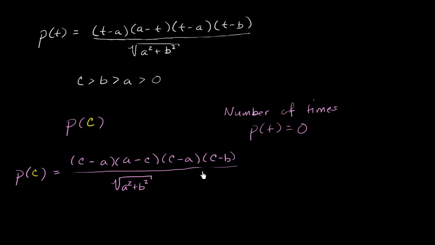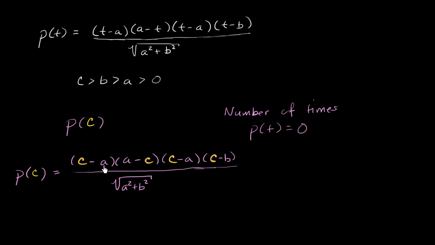So what do we know about this quantity right over here? Let me highlight all the c's here. So c minus a, a minus c, c minus a, c minus b. Well, they tell us that c is larger than a and b and that they're all positive. So maybe we can come up with some statement about whether this expression is positive or negative. So what's c minus a going to be?